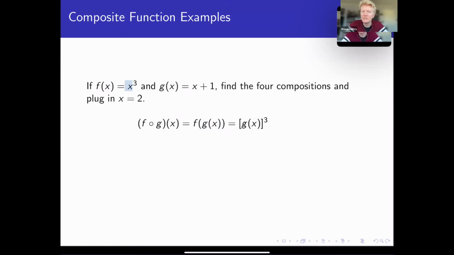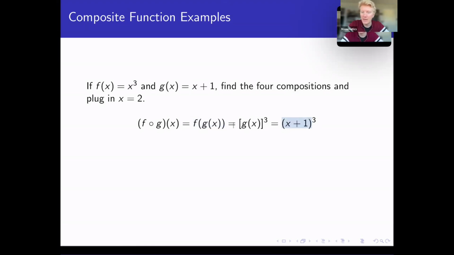But then the question is, what is g of x? Well, g of x we have a definition for. G of x is x plus 1. So we get x plus 1 cubed. Notice x plus 1 inside x cubed. But we just got to be very careful with how we talk about that. Some of my students in the past have been able to jump right from here to here.